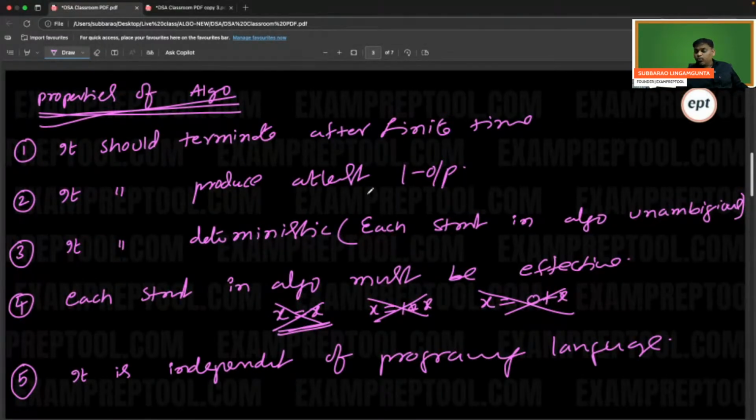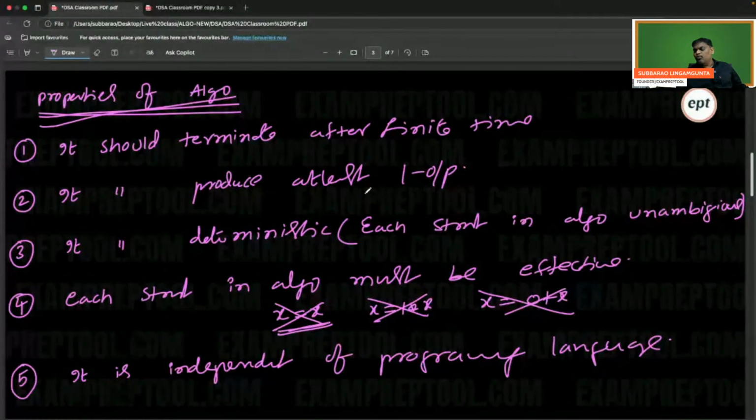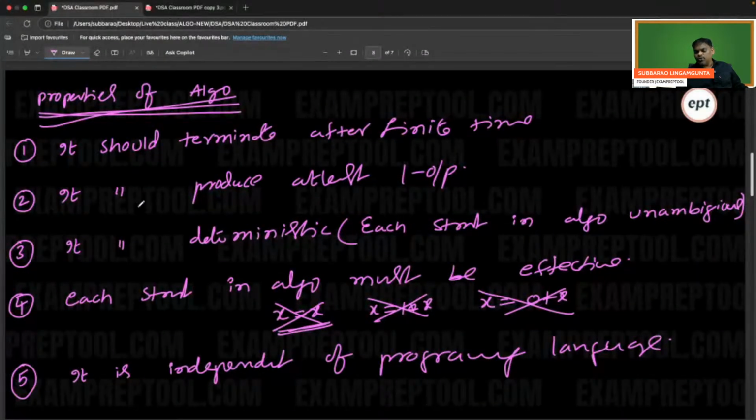Next one, it should produce at least one output. If no output is there, why did you go for implementation? For every input, we verified the output also. So it should produce at least one output. Next one, it should be deterministic. If it is not deterministic, at the time of testing you will get to know, so you will eliminate it. Next one, each statement in the algorithm must be effective.